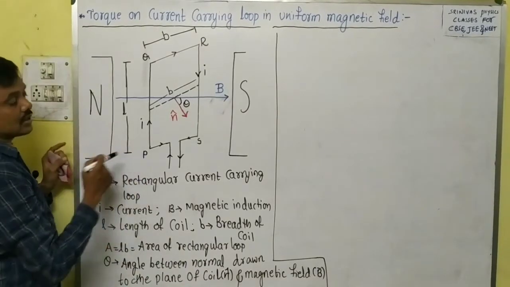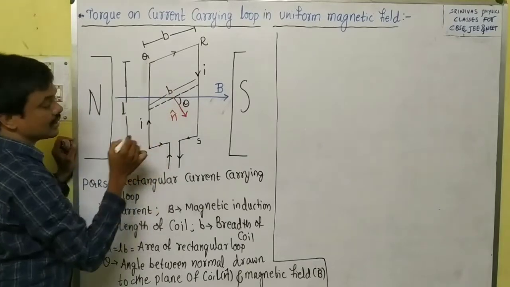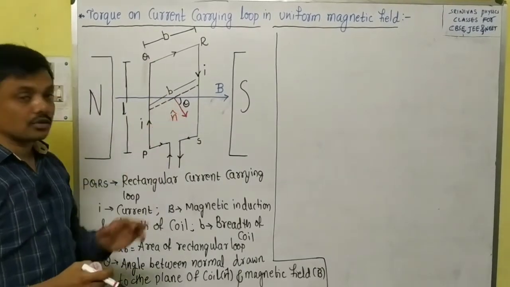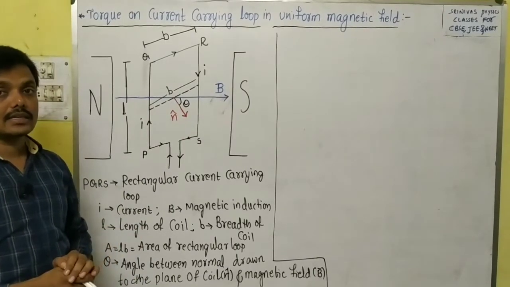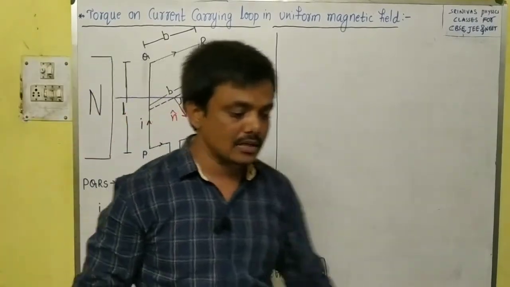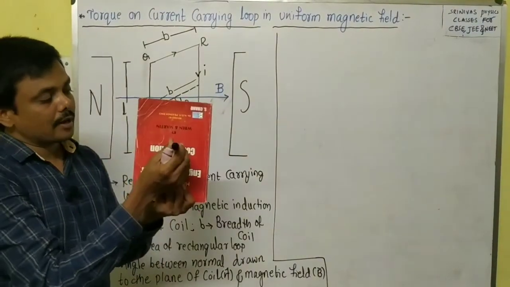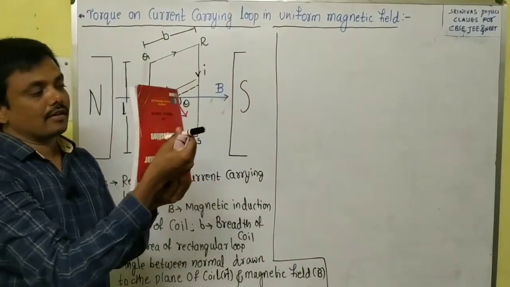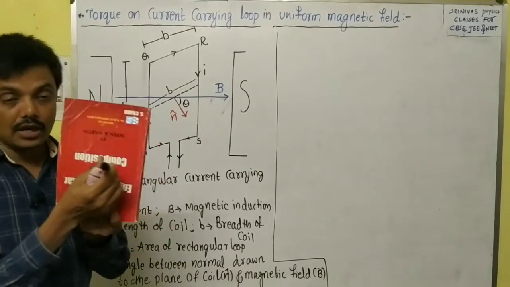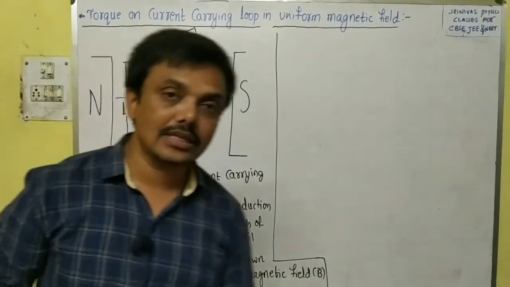And theta is what? Look at here, this one is the breadth, this one is the length. n cap is a unit vector. That direction is normal to the plane of the coil. For example, when the loop is like this, n cap is always perpendicular to the plane, just like the area vector.